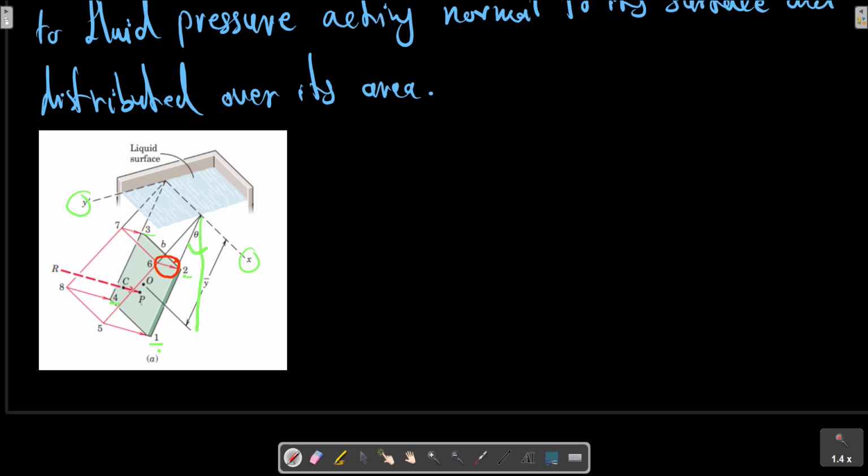This same pressure acts at all points along the edge 2 to 3.